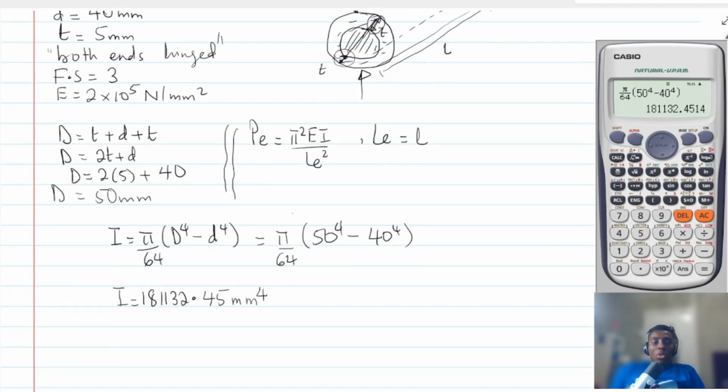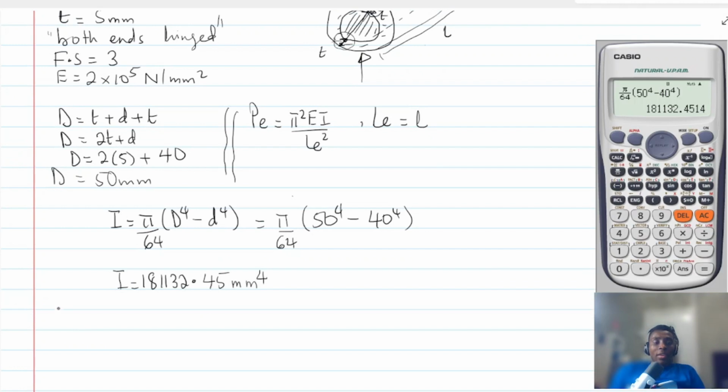Now we can go ahead and find the Euler load. The Euler load becomes pi multiplied by 2 times 10 to the power 5, and then I, which is 181132.45, all divided by the length squared.